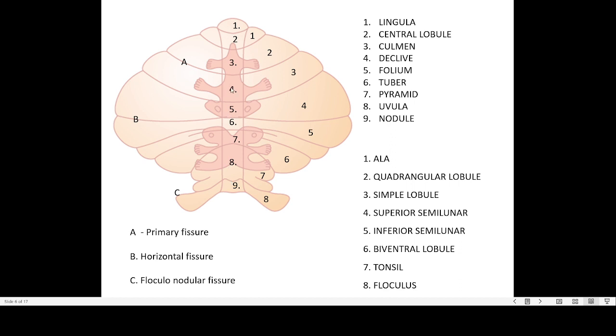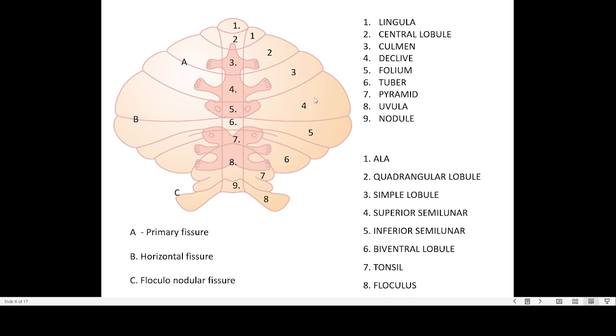Then again we come to the vermis, the central part. This central portion you may call the body part of the cerebellum. It consists of lobules, the small areas called lobules. These lobules are: one, lingula; two, central lobule; three, filament; four, declive; five, folium; six, tuber; seven, pyramid; eight, uvula; and nine, nodule.